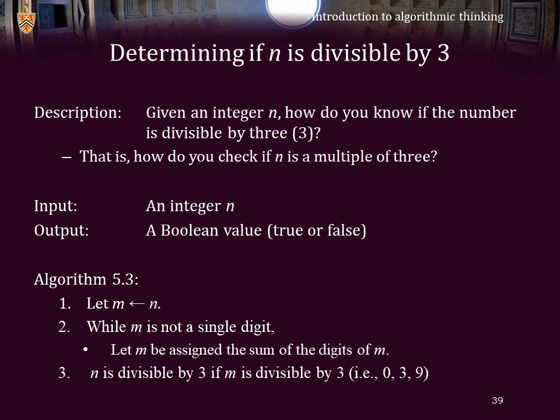While m is not a single digit, we will assign m to be the sum of the digits of m. We will keep on doing this over and over again until m is only a single digit. Then n is divisible by 3 if m is divisible by 3, or if m is 0, 3, or 9.